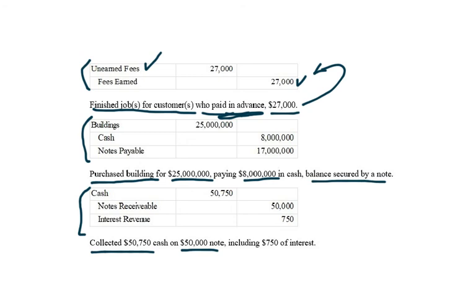That was the face amount of the note, the primary amount owed by whoever the maker of the note was. And we also needed to recognize $750 of interest. You could say interest revenue, but it's implicit that if you're collecting on a note receivable, the interest in question is interest revenue, not interest expense, meaning you're not paying something, you're receiving it. So you don't have to even bring up the word revenue. It's implied that we're dealing with a form of revenue here.